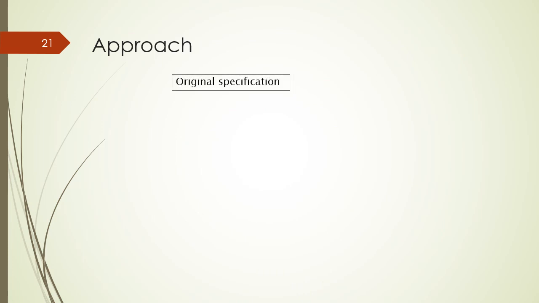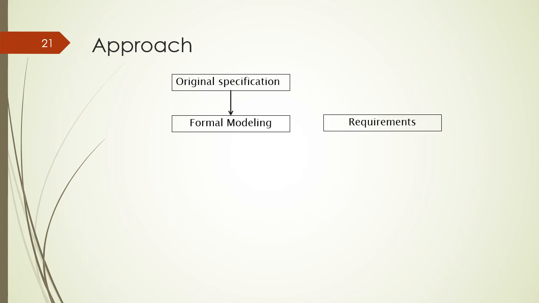Students, we have the original specification of software in hand, and we convert it into a formal model, and then by using the formal model and the original requirements, we can apply the model checking technique, which actually generates all possible states of the software.